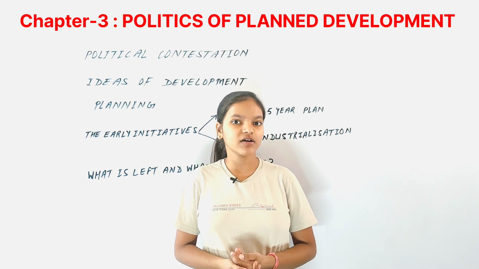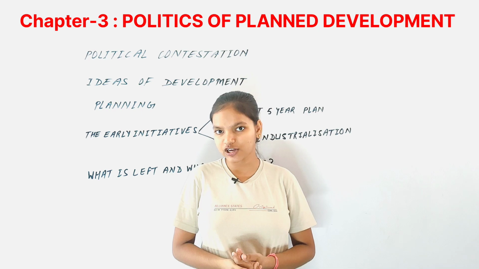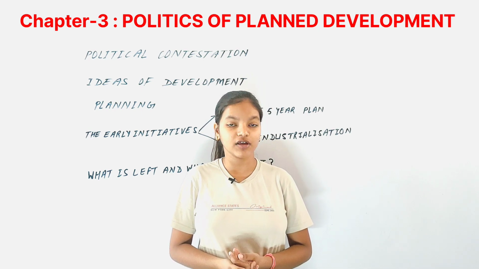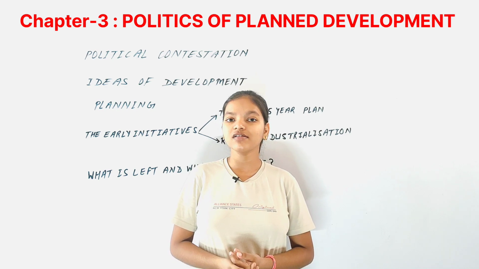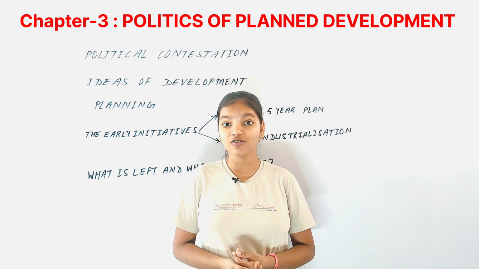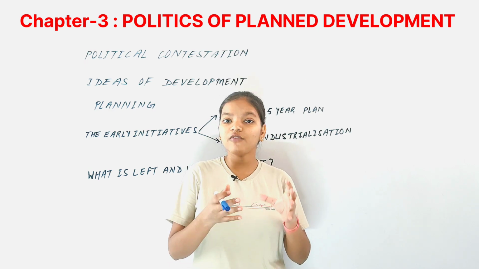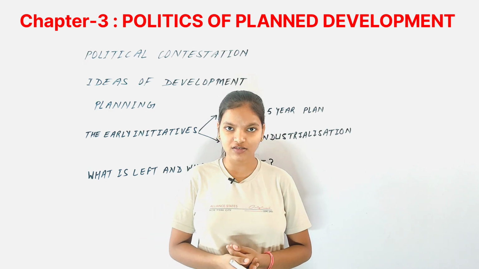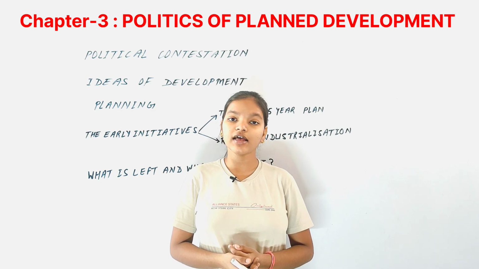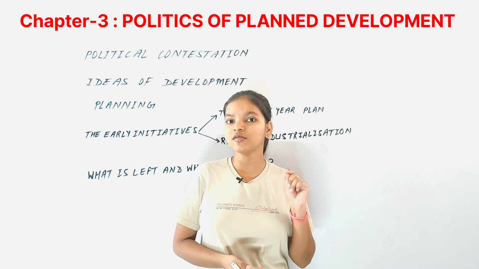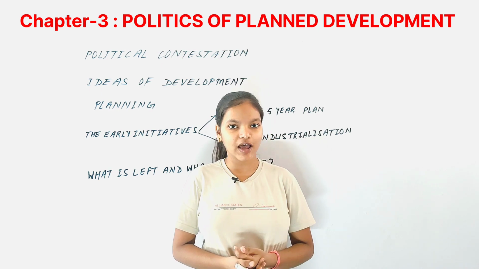The challenges were, the first was the challenge of nation building and the second was to establish democracy in the country. Now in this chapter, we will study the third challenge, which is to have development in the country, ensuring the well-being of all the sections of the society, how the economic development of the country took place. That will be the major point of discussion in this chapter.